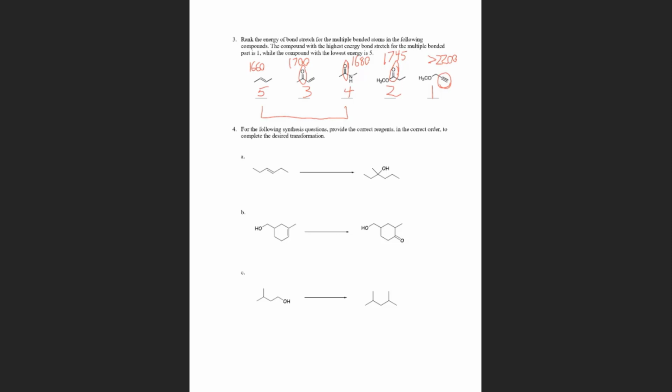But typically for synthesis, we try to visualize one step backwards. So we know that this is a ketone. We don't know how to add a carbonyl directly, but we do know how to add alcohols. We've done a lot of examples with that. So we can hypothesize that one step before this is an alcohol, and then we're going to oxidize.